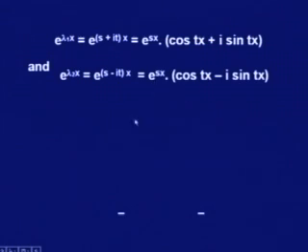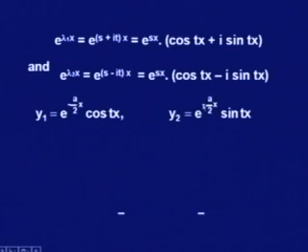So, if I divide it by 2, I would get the two solutions as e to the power minus a by 2, so s is minus a by 2, x cos t x, and another is e to the power minus a by 2 x sin t x.